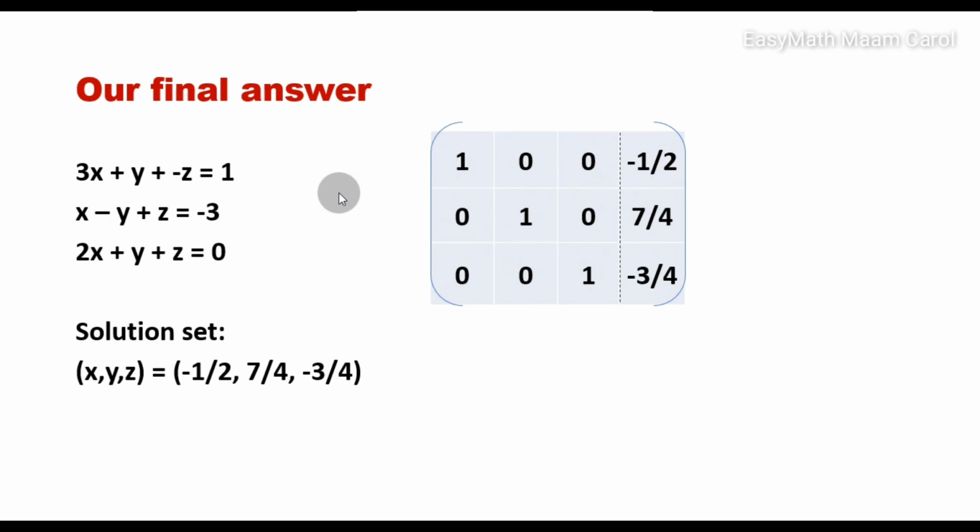So, that ends the Gaussian elimination or solving the system of linear equation using Gaussian elimination. So, bilang mga nakatapos na ng algebra, so all you need to do to check this, di ba? Meron tayong ginagawang checking. You substitute negative 1/2 to all x's, 7/4 to all y's, and then negative 3/4 to all z's, and you will get an equality for all cases.